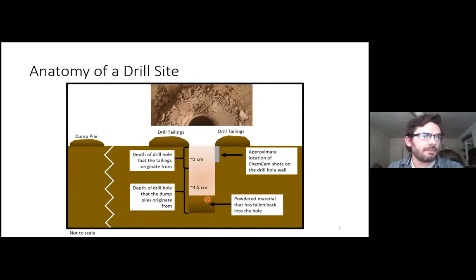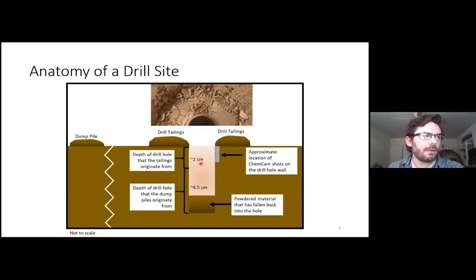You get some powder material that falls back in. And what's interesting is the drill, when it originally came in, had a collection tube. That tube wouldn't bite into the surface until after it had already drilled about 2 centimeters deep into the surface. And it would push out material that we call the drill tailings that all or mostly came from this location.